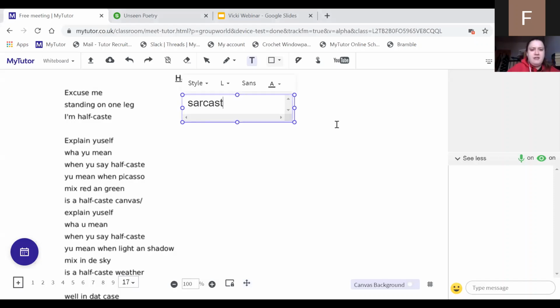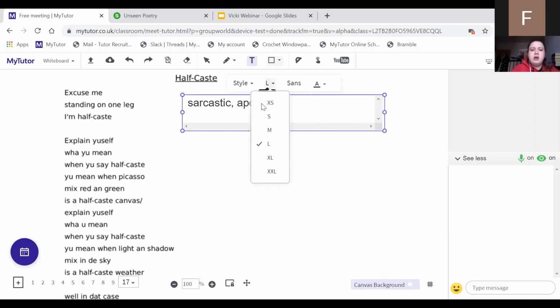So it's really sort of apologetic, but in a sarcastic tone. Now, can you remember what type of irony sarcasm is? Verbal, yeah, absolutely. So it's verbal irony. So we've got a nice difference there today.